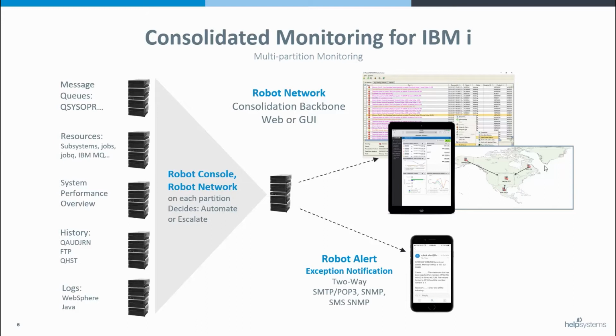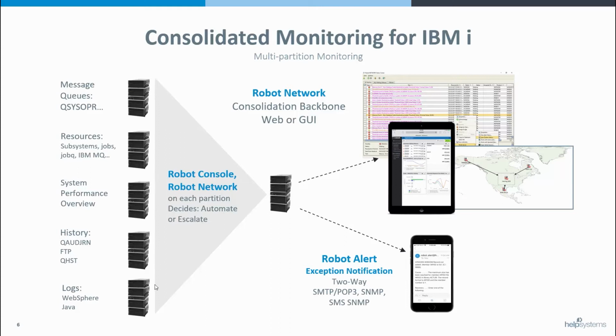At this point, Robot Network can also be used to send out escalation via Robot Alert. So rather than having each one of your partitions escalate separately via Robot Alert, you can have one instance of Robot Alert escalating from your Robot Network, what's called the host system. There are two components, a node component and a host component, to Robot Network.